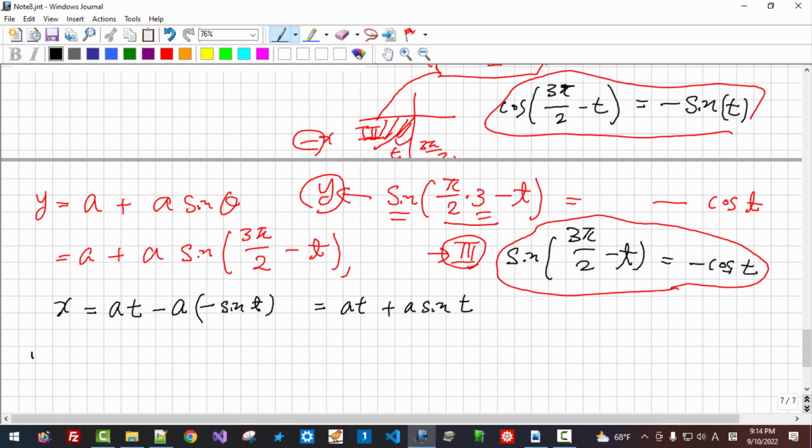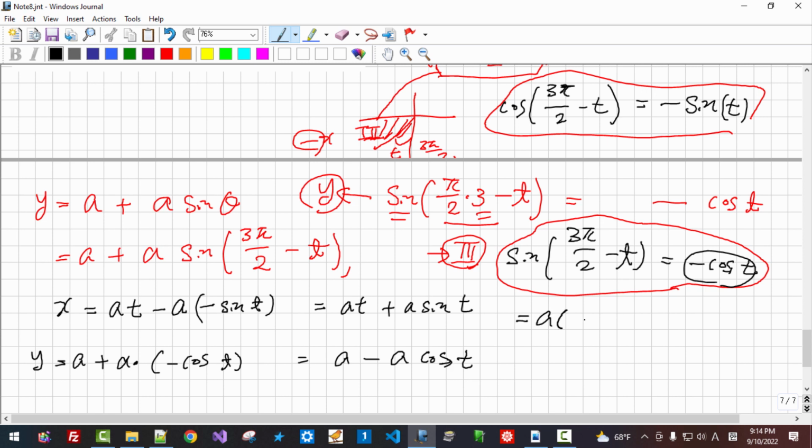Now y equals a plus a times minus cosine t. So a minus a cosine t.